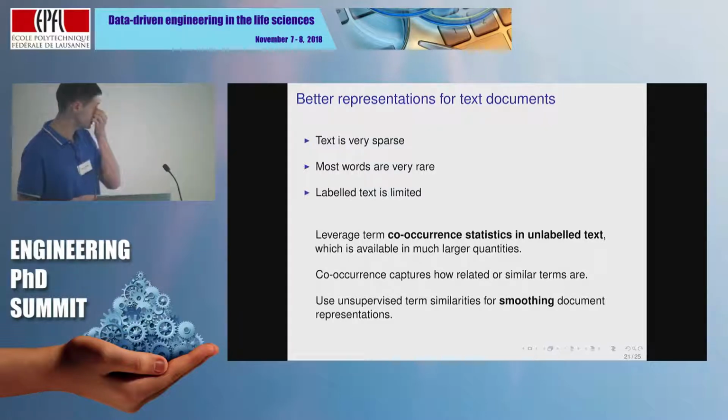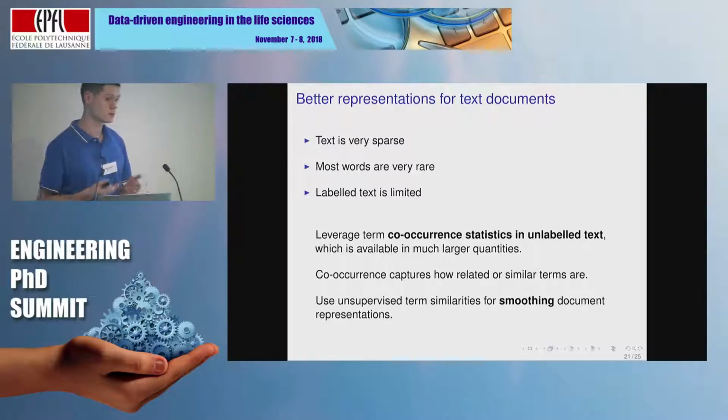And again, for this, we will leverage the fact that unlabeled text, plain text without any images, is available in very large quantities. So we can use this to learn good unsupervised representations for text, and then use these for the supervised learning that we want to do.